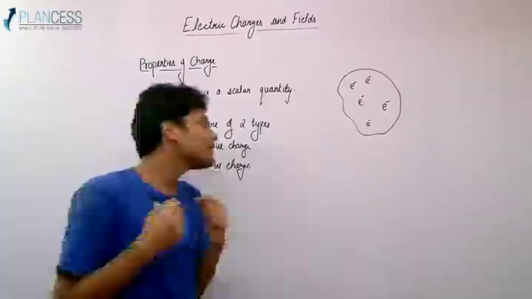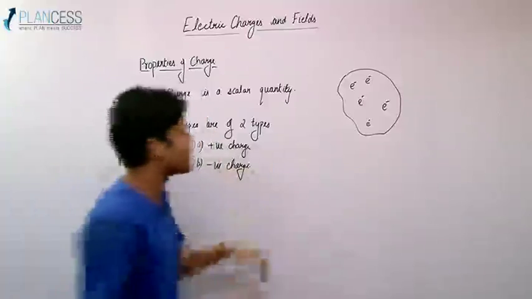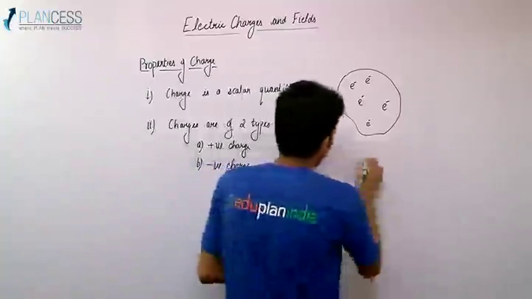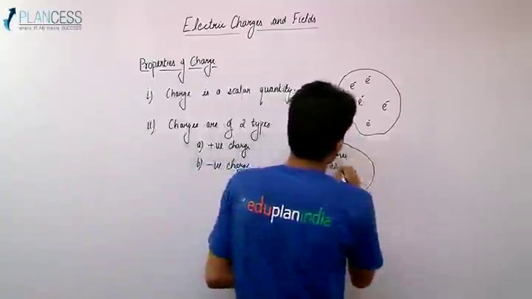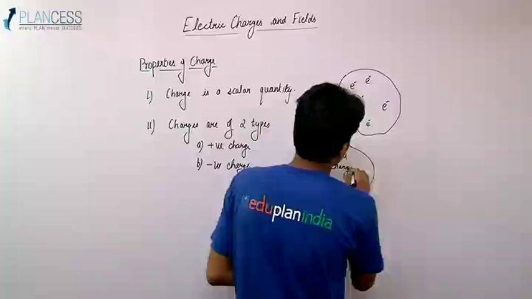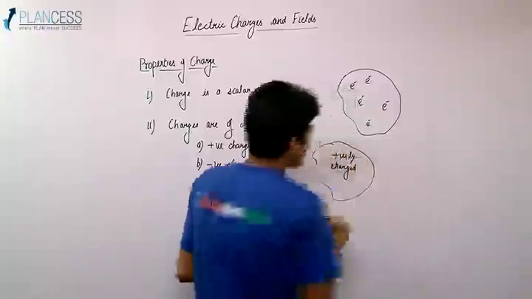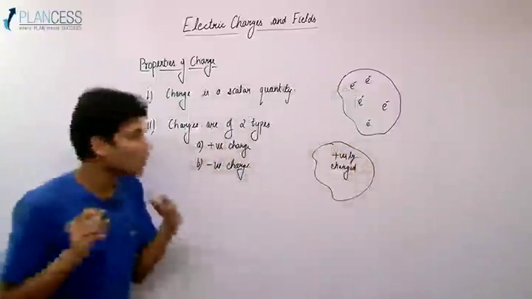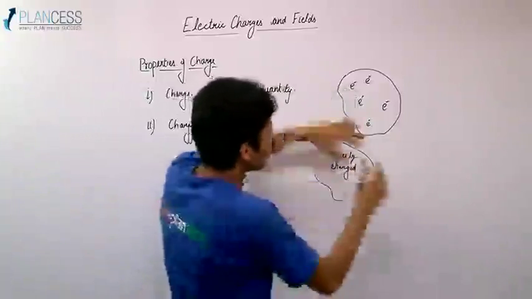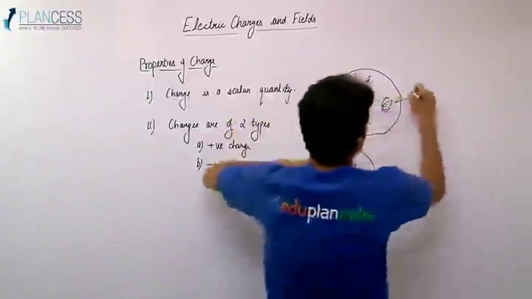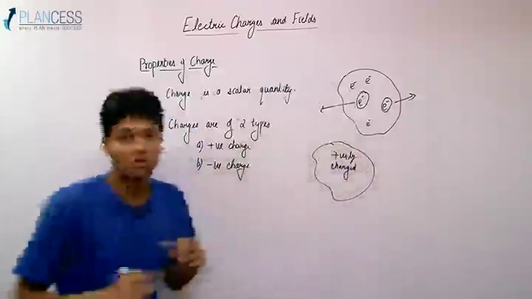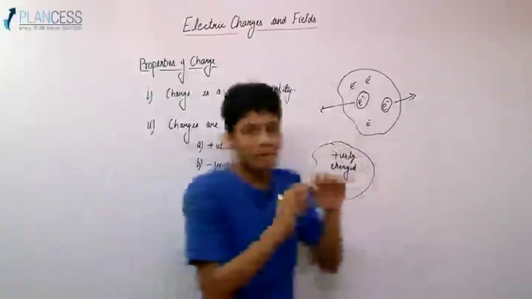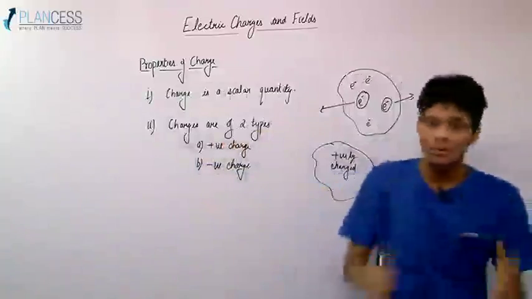Let's say I say that a body is positively charged. By positively charged, I mean that some electrons have left the body and thus the body is positively charged.